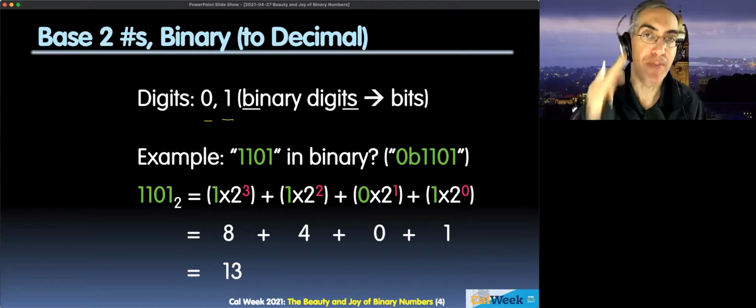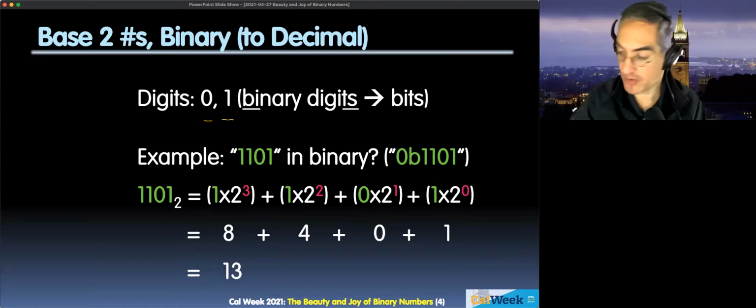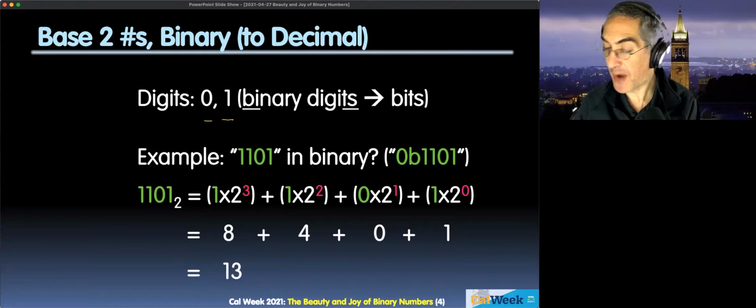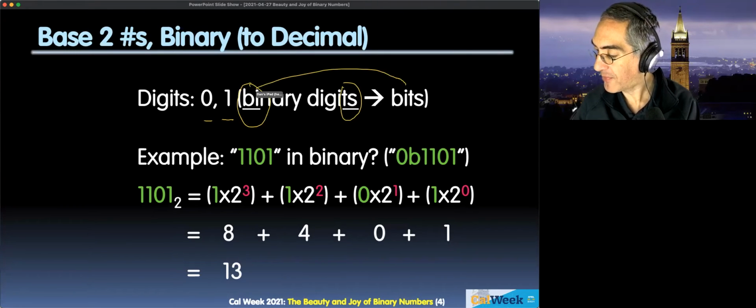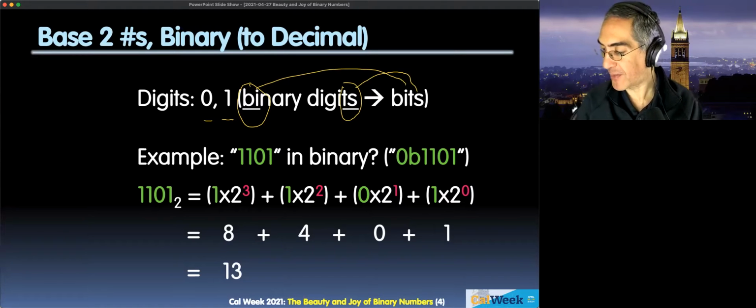But because they're only bistable, the light switch is either on or off, we call them binary. Only 2 states, like a binary star. If we take the BI and the TS from binary digits, that's why we call these bits. So if you've ever seen 0 and 1 described as bits, it's because they are binary digits.